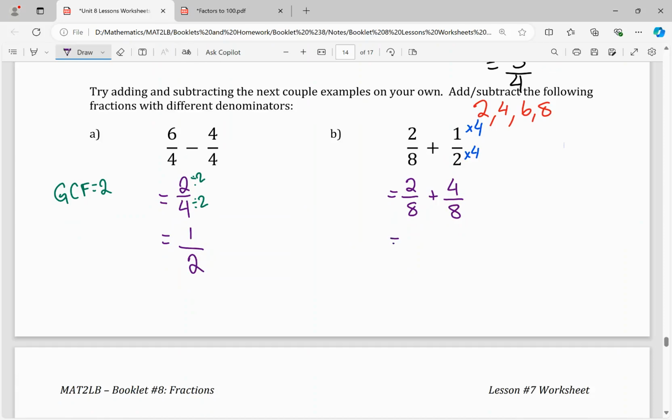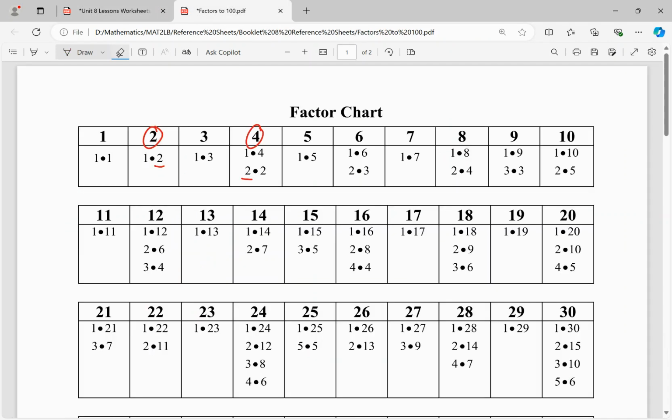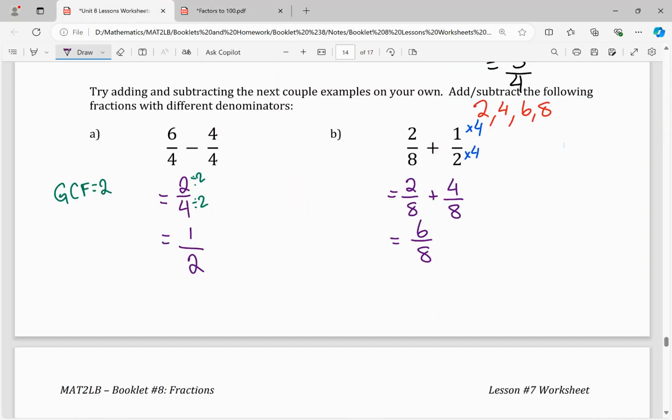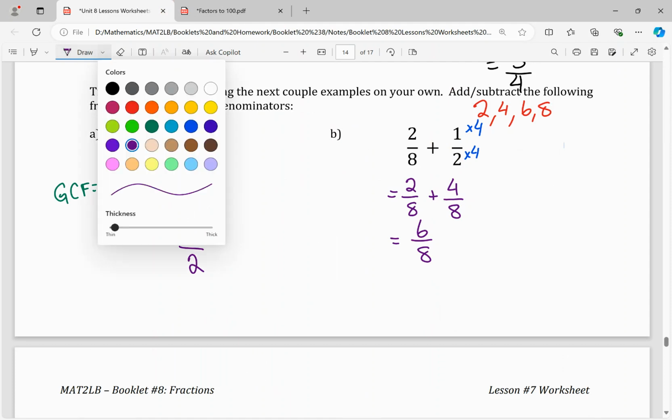Great, they have a common denominator. 2 plus 4 is 6, so this gives us 6 over 8. We take a visit over to the factor chart. We find 6. We find 8. And the largest number that they have in common is 2. So that's great. We have our GCF, which is 2.